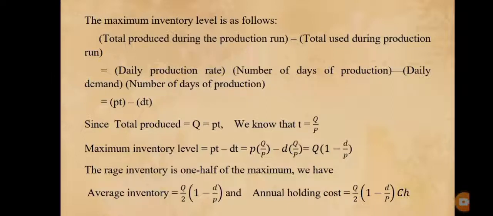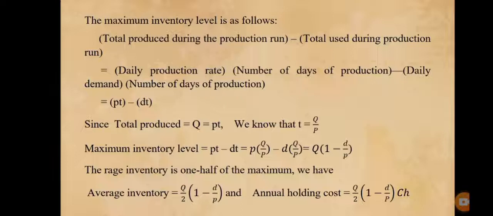In summary, our maximum inventory level formula will be the number of units per order times 1 minus the daily demand rate over the daily production rate.